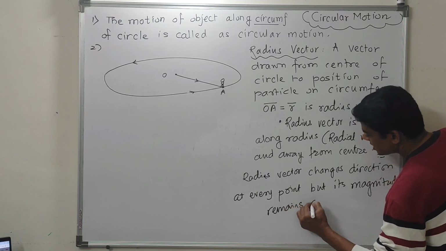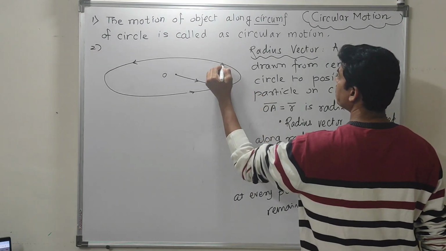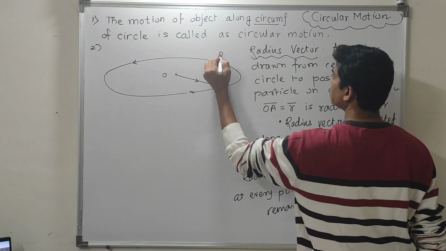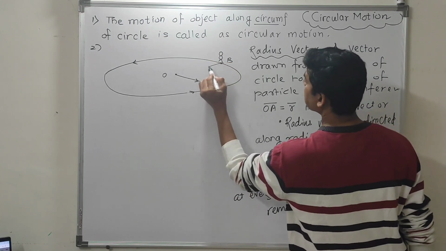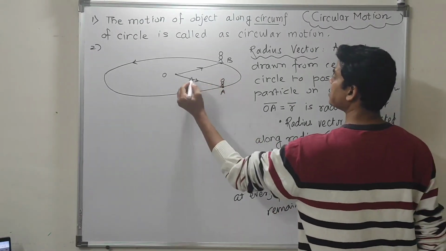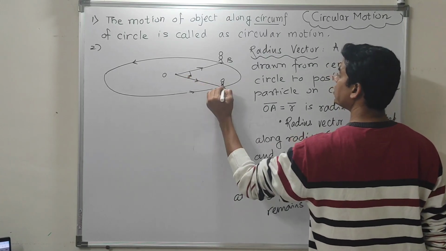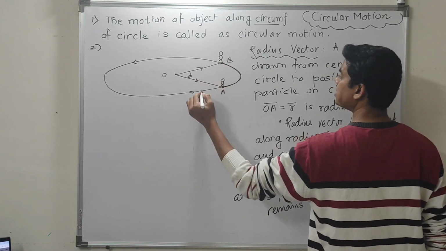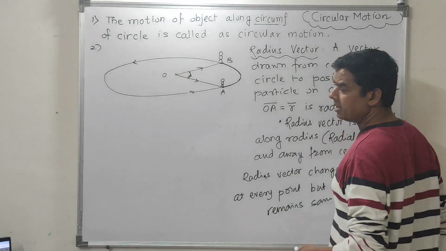Suppose that the object is moving from point A to point B. Let this object now have a new position B. Now the object is moving from point A to point B on the circumference, and in the same time the radius vector has traced some angle theta at the center.